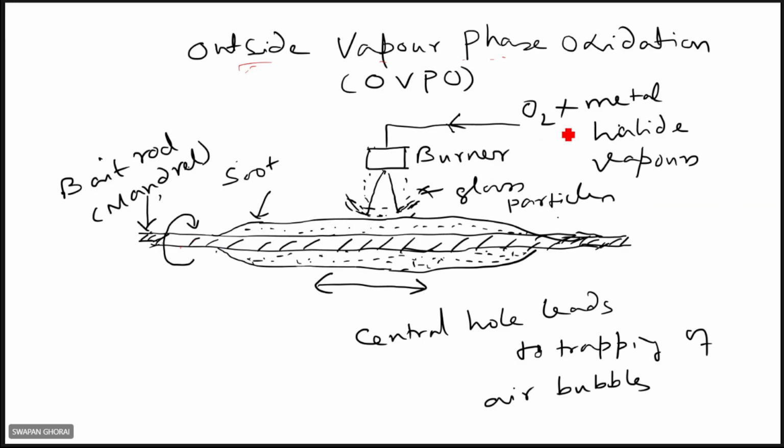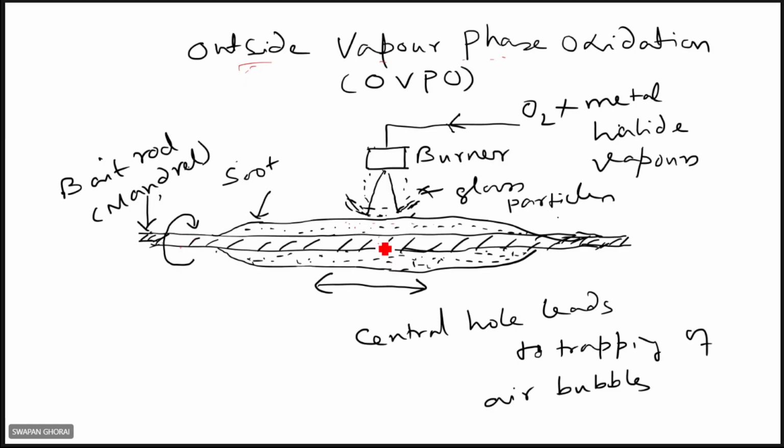And in the burner, you see metal halides, such as silicon chloride, boron chloride, phosphorus chloride, etc. Those vapors plus oxygen are injected for deposition purposes, right? When the burner is moving back and forth, the deposition occurs, and that is called soot.